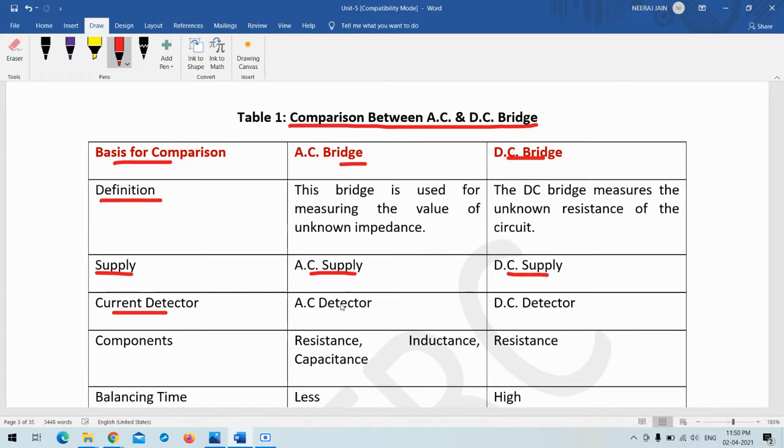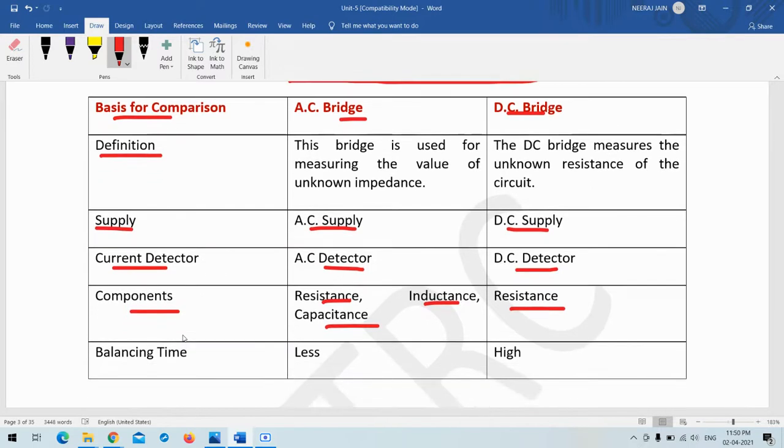Current detector: AC bridges use AC detectors, while DC bridges use DC detectors. Components: AC bridges are used for resistive, inductive and capacitive components, while DC bridges are applicable only for resistive components. Balancing time in AC bridges is less and balancing time in DC bridges is high.